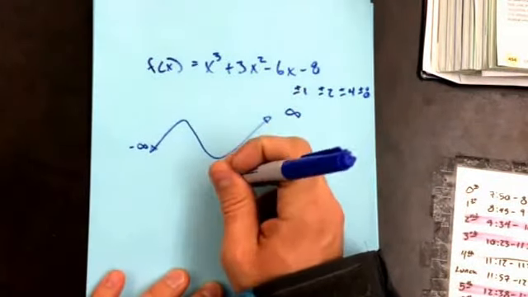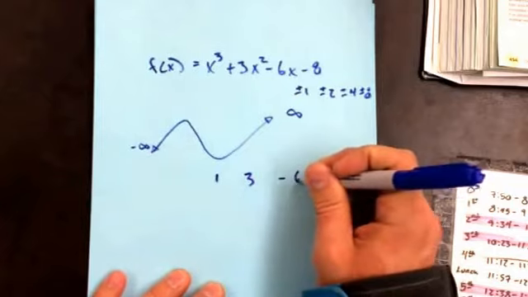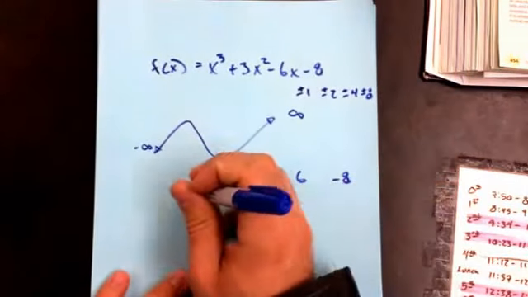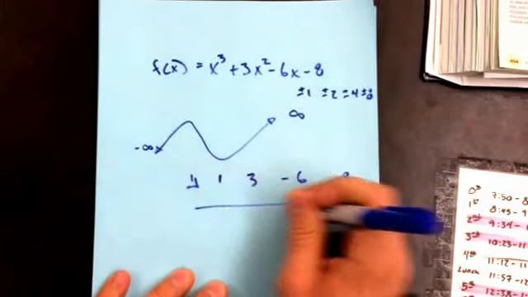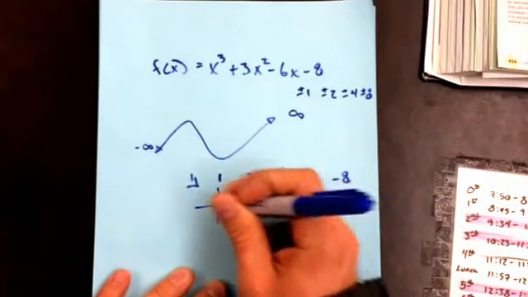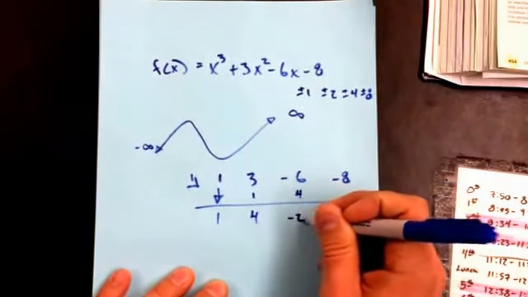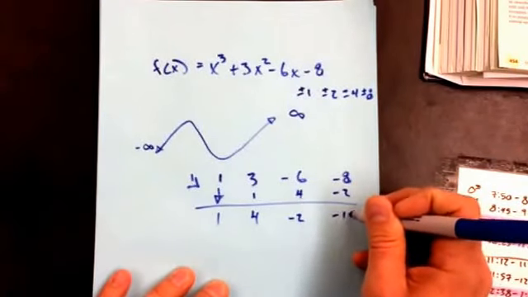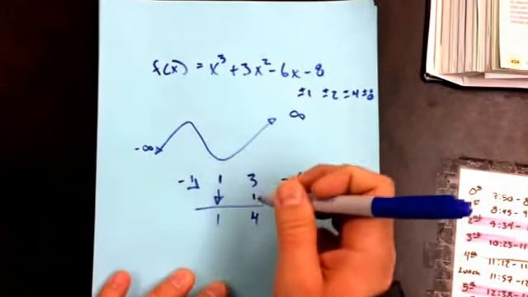I'm going to use synthetic division to see which ones work. And this can take a while sometimes. Remember, I always like to start with the low numbers just because it's easier. So 1 didn't work. I'm going to try negative 1.